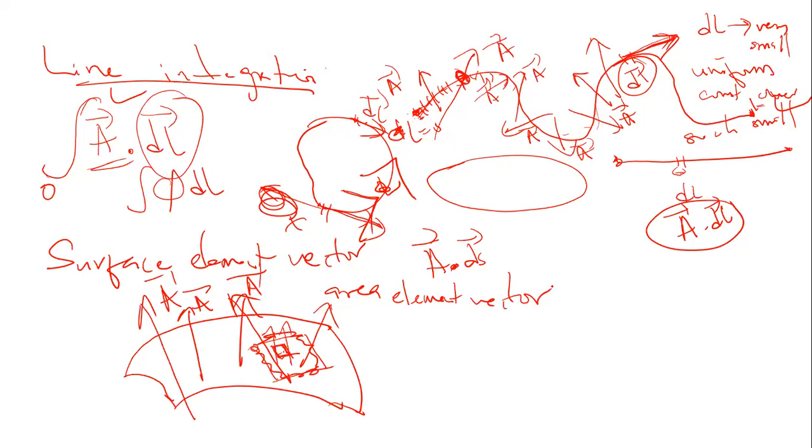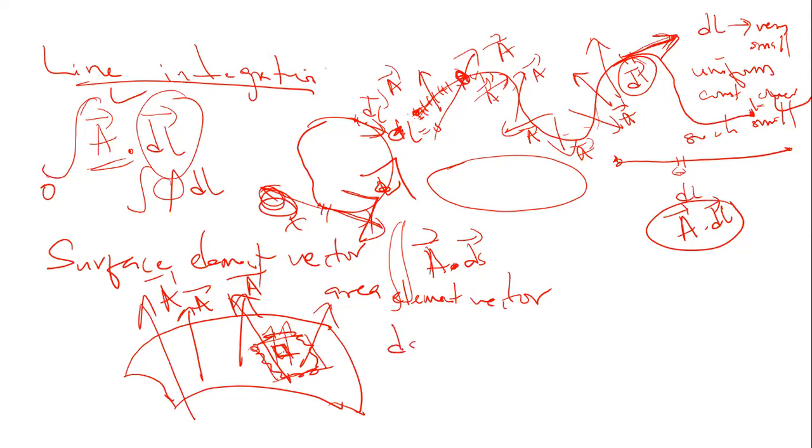The reason is that when we are going to perform a surface integration of this vector field, we need to engage this into a dot product between these two. And this area vector, what is the direction? Now the question is, what is the direction here?